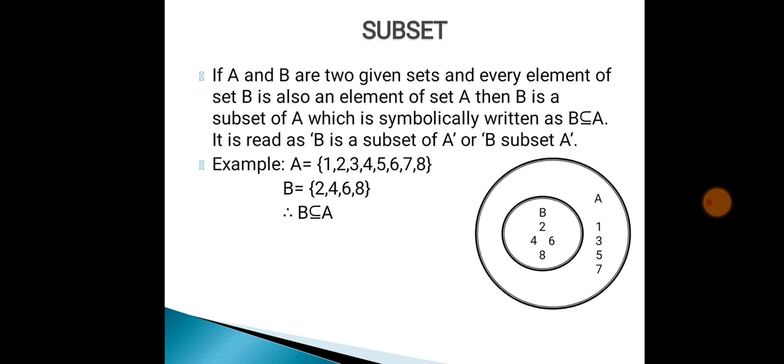Now here you'll see that all the elements of set B are also present in set A. That is, 2 is present in A, 4 is present in A, and similarly 6 and 8 are also there in set A. Therefore, set B is a subset of A. The same can be shown with the help of a Venn diagram. The smaller circle here shows set B and the bigger circle shows set A.